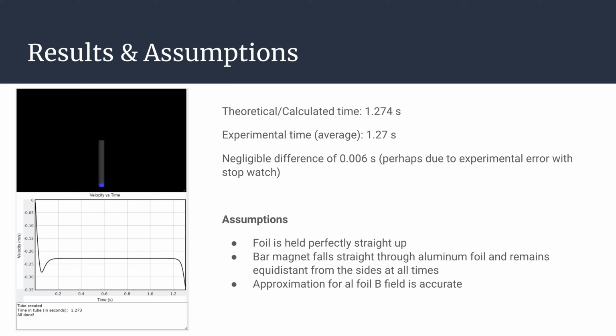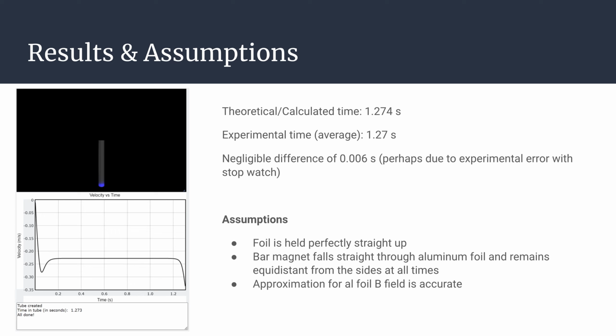Even with the very close similarity, it's important to consider assumptions we made about the experimental and theoretical models. So in the physical experiment, I assumed that the tube was held up perfectly straight and the magnet fell through it perfectly straight, so it stayed equidistant from the sides at all times, in the very center. Because if there's any variation in that, it's going to be interacting with the magnetic field differently, because the forces in the x direction and y direction are not going to be the same.